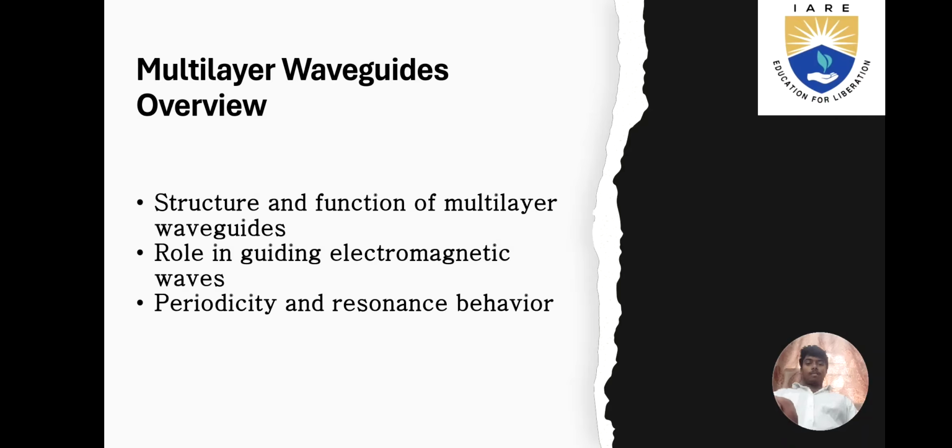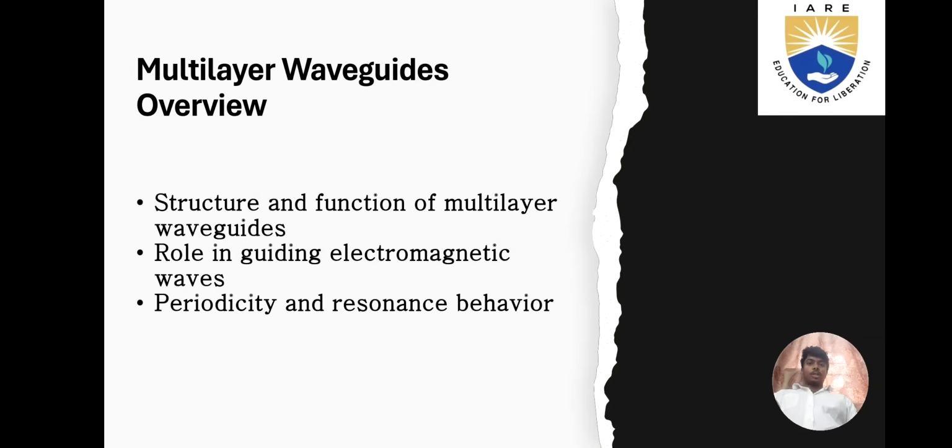The multi-layer waveguides: structure and function of multi-layer waveguides. Discontinuities in multi-layer waveguides are interruptions or abrupt changes in the waveguide structure that affect electromagnetic wave propagation, causing reflection, scattering, and mode conversion.